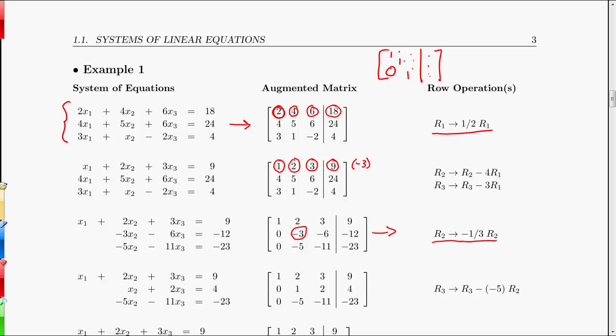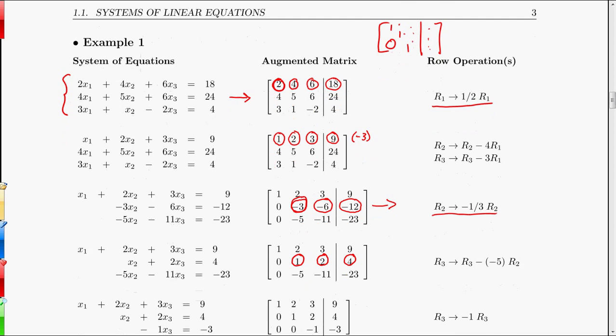But again, you have to do that to the entire row. So when I take -3, multiply by -1/3, I get 1. That's why I chose that multiplier. When I take -6, multiply by -1/3, I get 2. When I take -12 and divide it by -3, I get 4.